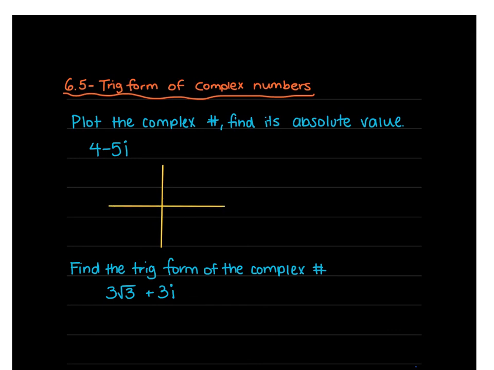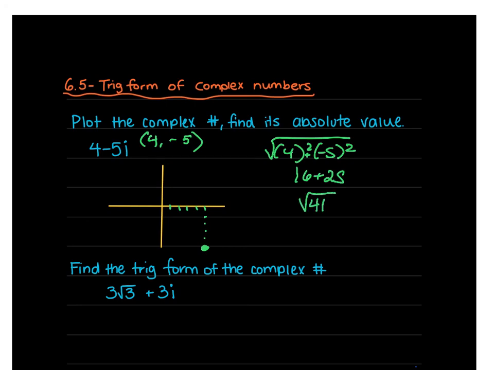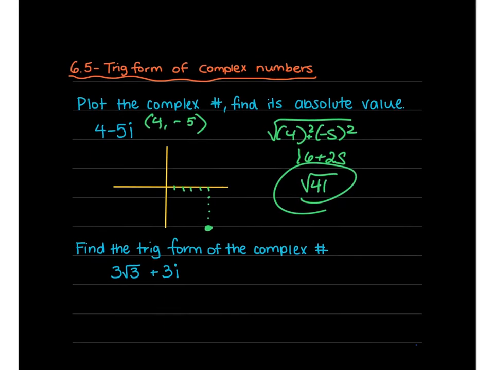And then for 4 minus 5i, I would go to the right 4, down 5, and that's a single point. And then the absolute value would be the square root of a squared plus b squared, or 4 squared plus negative 5 squared, 16 plus 25, which is the square root of 41. Doesn't break down at all, so you'll keep your answer exact like that.